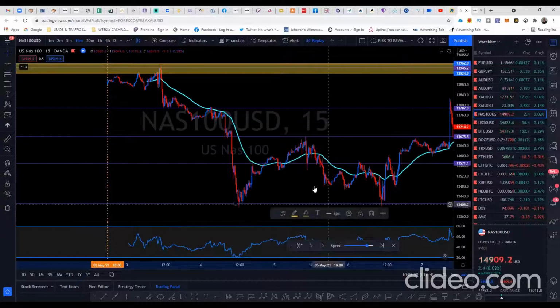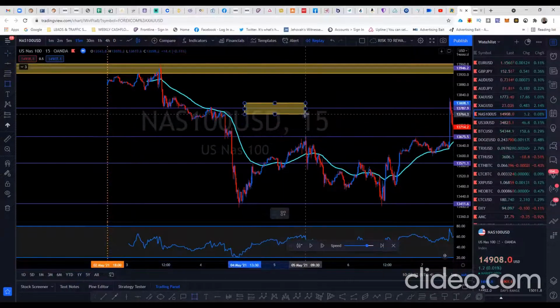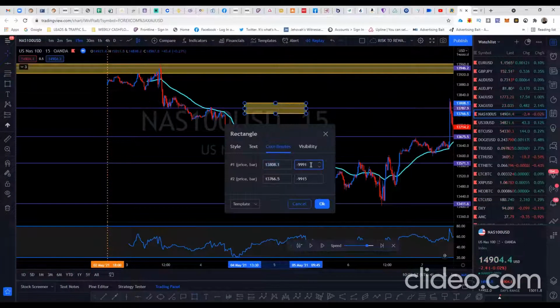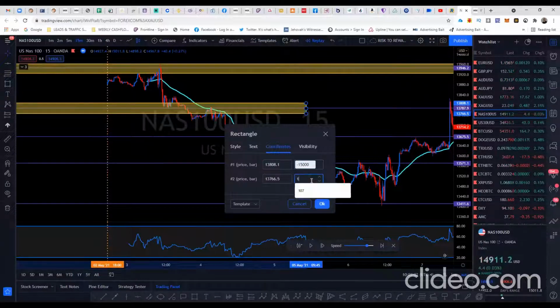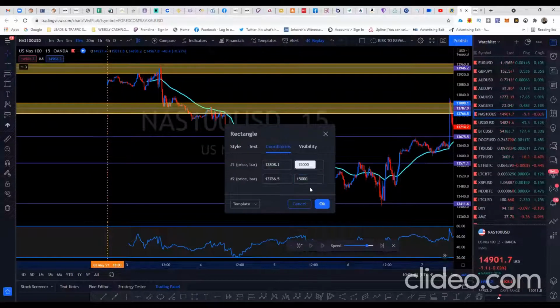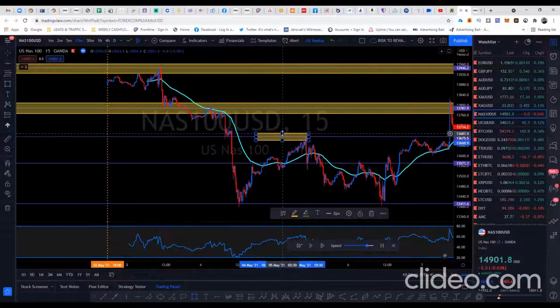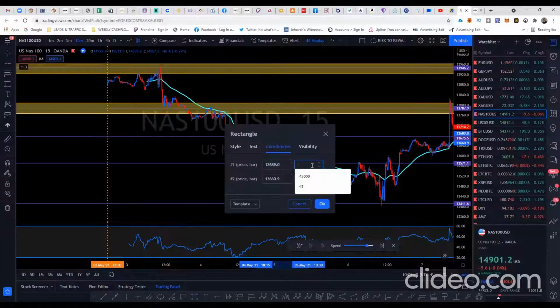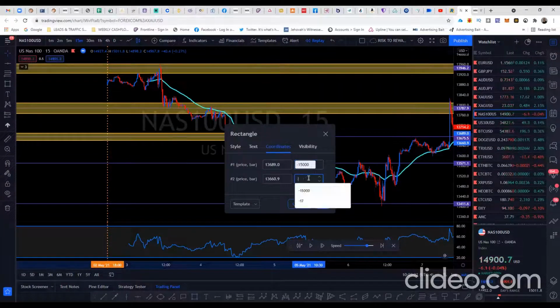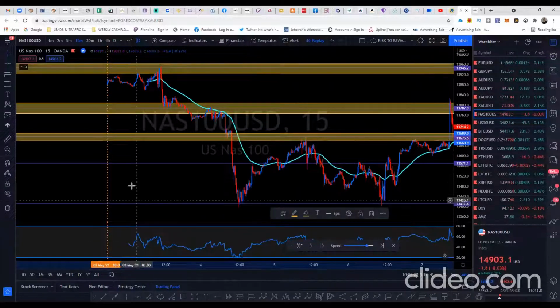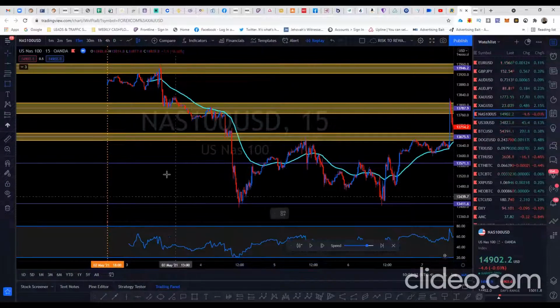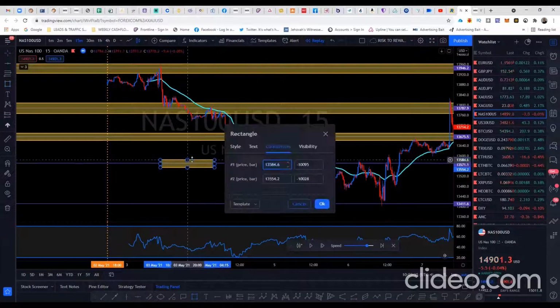This is going to represent the 15-minute. So basically, I'm just marking up these zones for the 15-minute, then we want to go to the 30-minute.